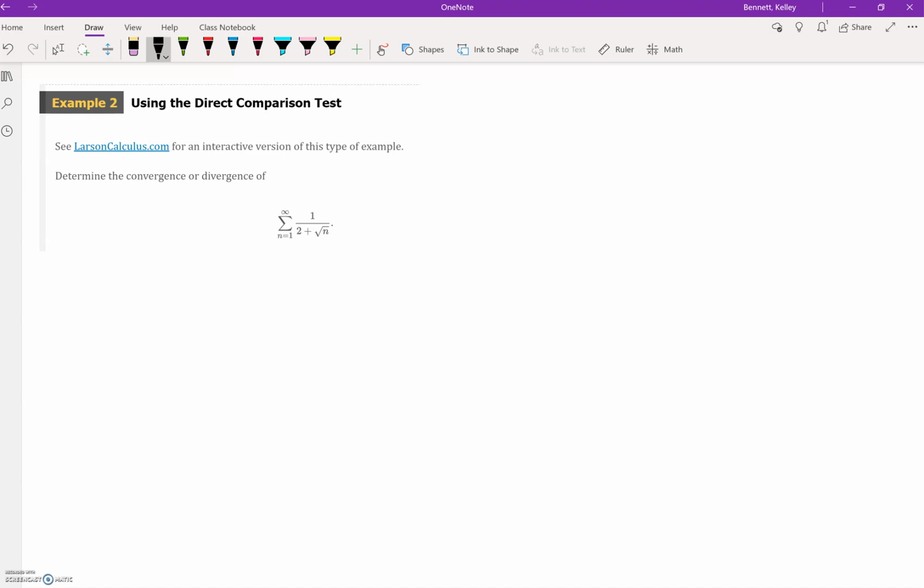You want to think about known series, like series that you know converge or diverge. And we're going to compare this to the harmonic series. This is the harmonic series, and we know that the harmonic series diverges.